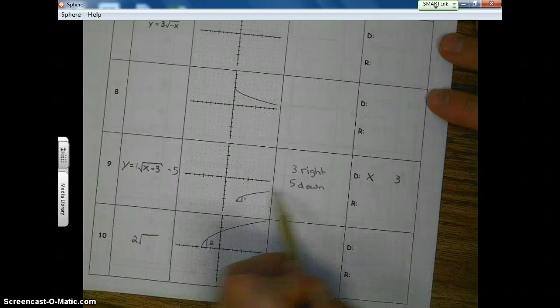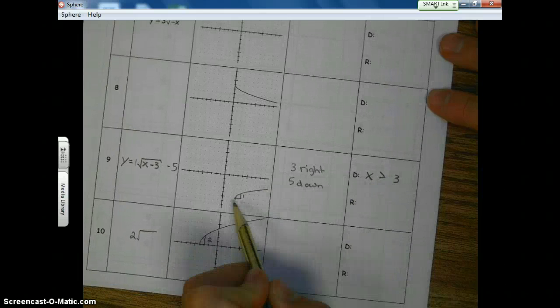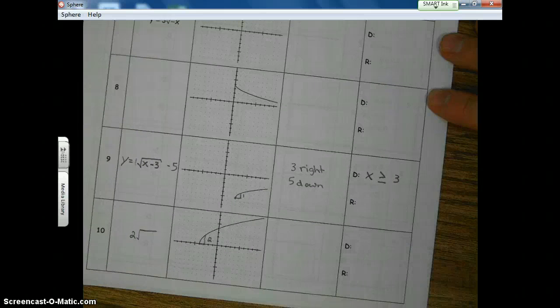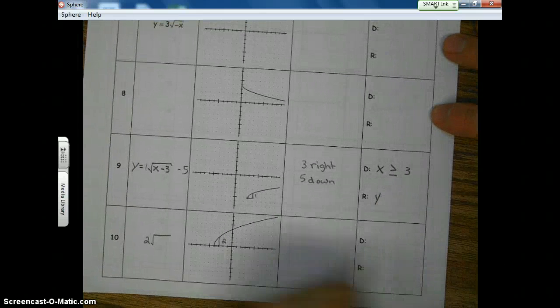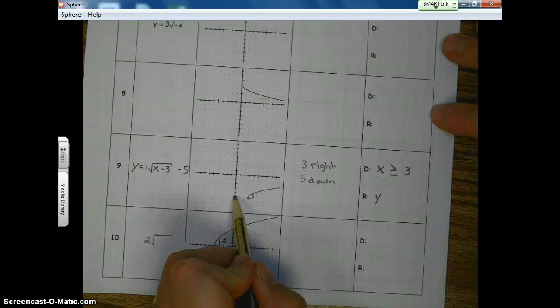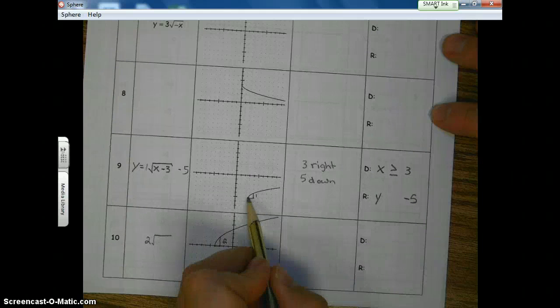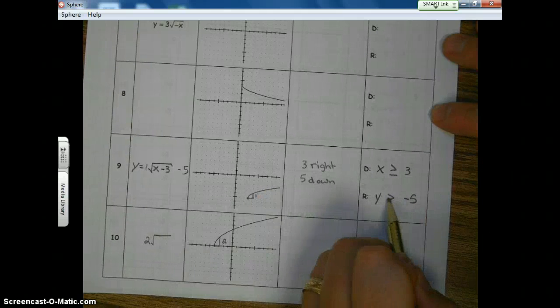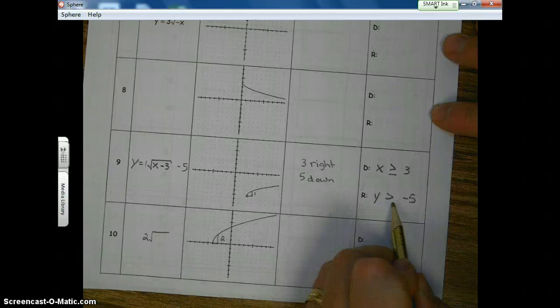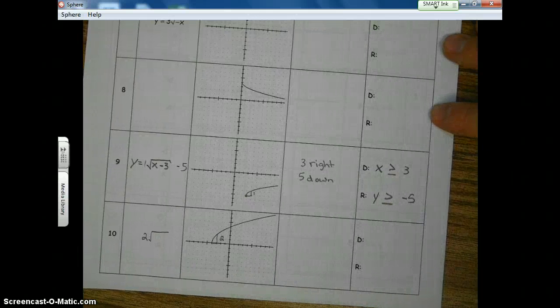Getting bigger, so greater than. Closed dot, equal. Range, y. Number, -5. Y is getting bigger, it's going up. Greater than. Closed dot, equal sign. Hope you're keeping up with this.